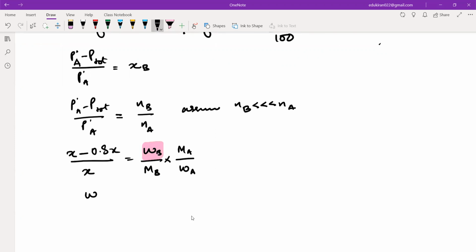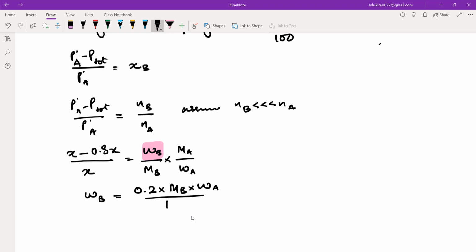So you'll write WB is equal to x minus 0.8x, which will be equal to 0.2x. And from here you can take the x common. So x will get cancelled. So you'll get 0.2 into MB, that is 40, into WA, that is 114, divided by MA, right?